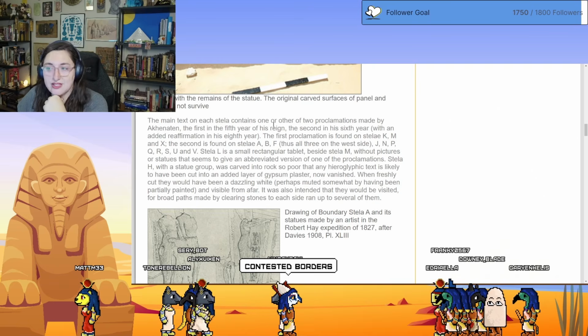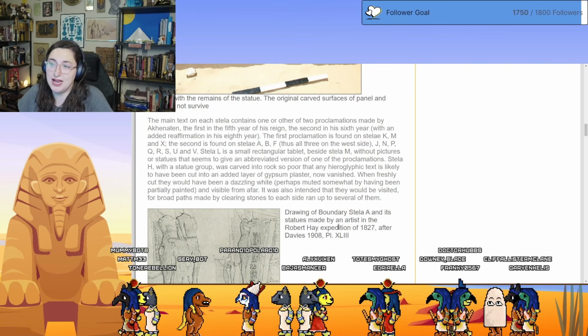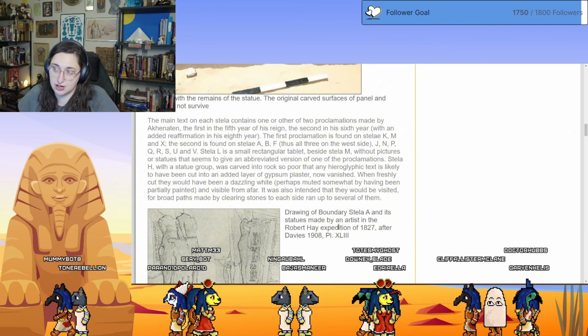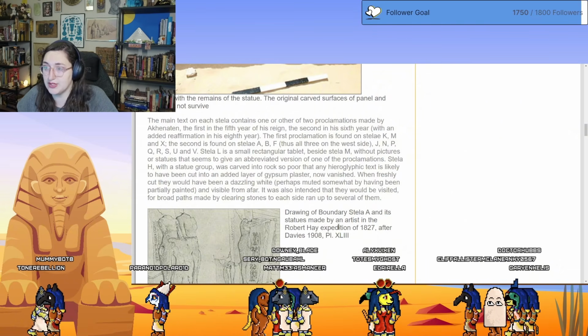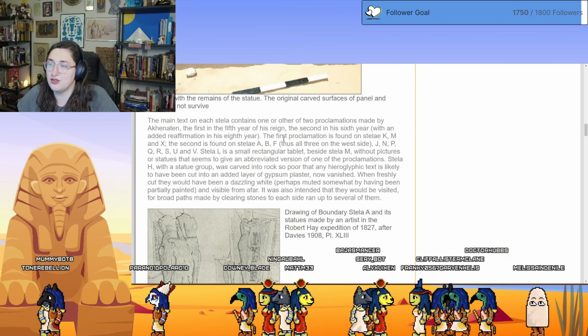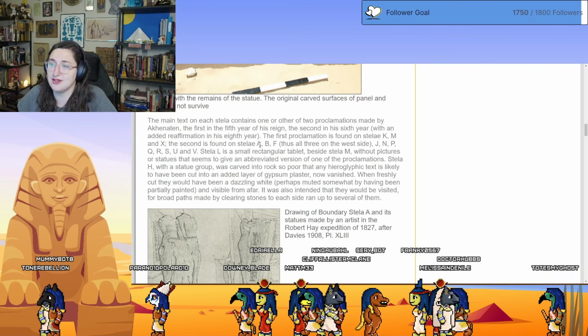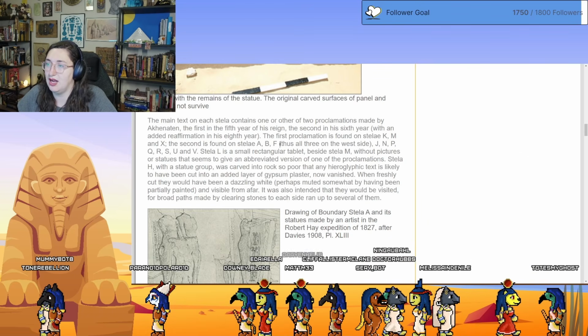So the main text on each stela contains one or other of two proclamations made by Akhenaten, the first in his 5th year of his reign and the second in his 6th year of his reign, with added reaffirmation in his 8th year. So then the first proclamation is found on stela K, M, and X, and the second is found on stela A, B, and F. All three on the west side.